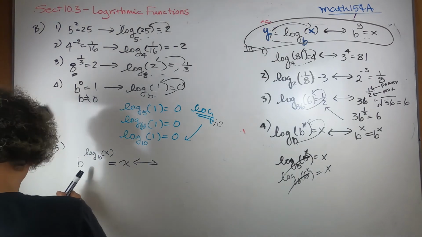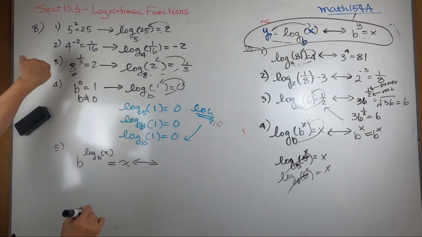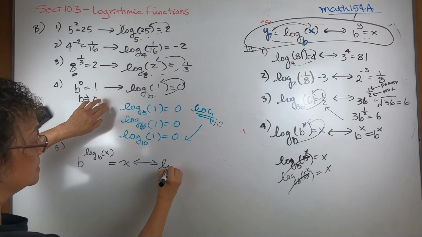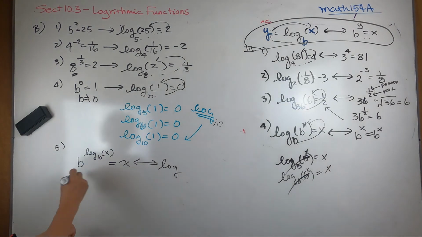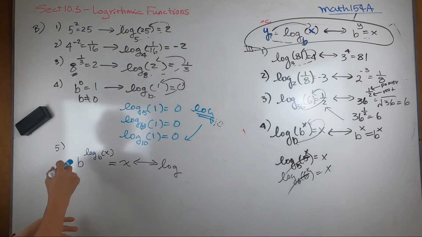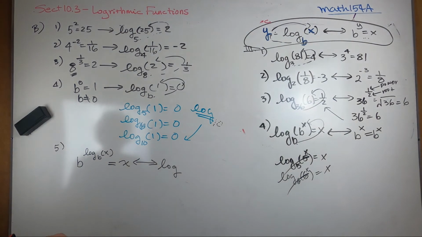If we rewrite this as a log, right? Then what's the base for this exponential equation? It's an exponential equation, right? For this one. How should we rewrite it?